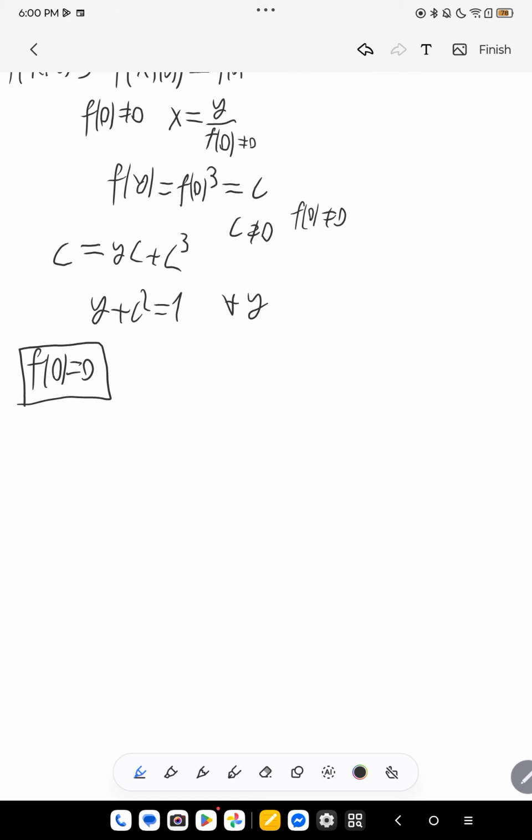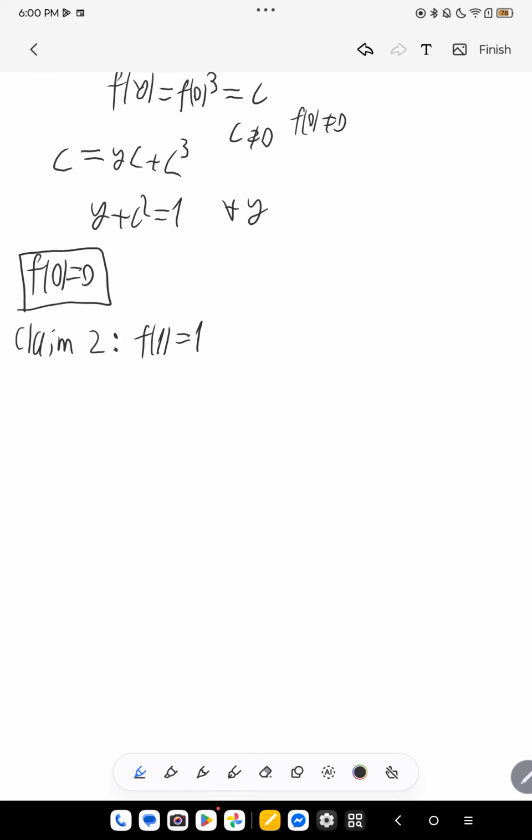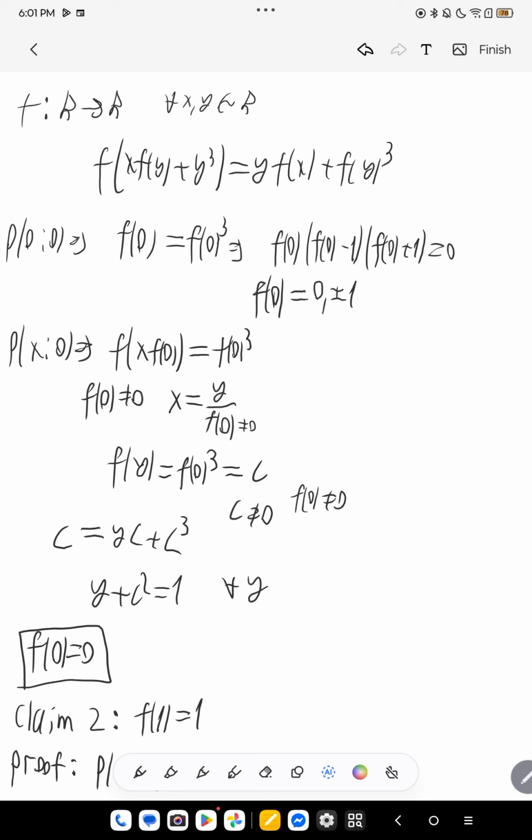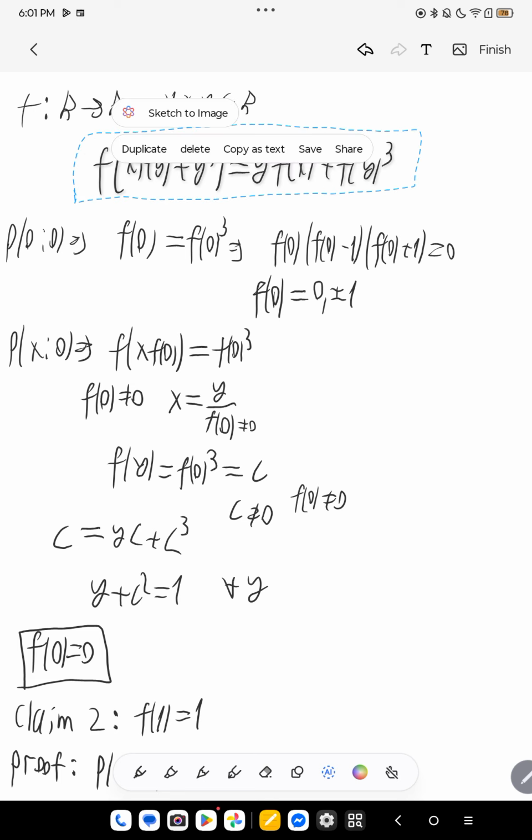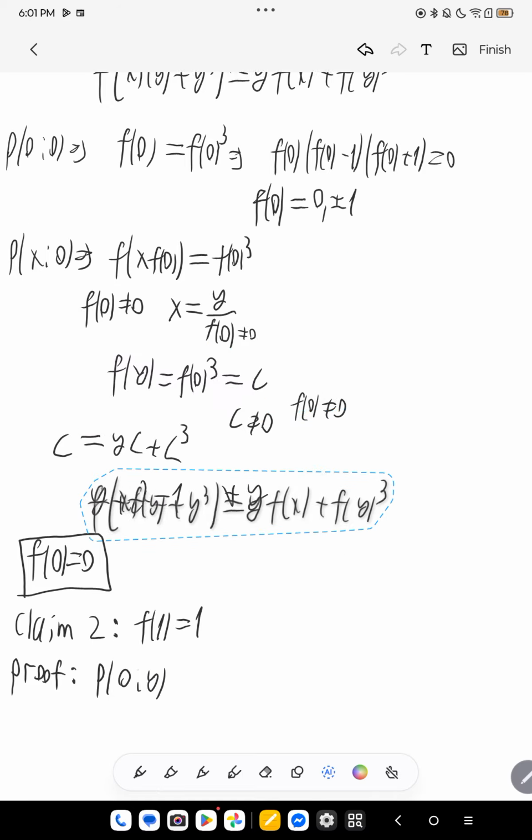Now we will prove that f(1) equals 1. Claim 2: f(1) equals 1. Actually, let's copy the original equation down here so that it would be easier to see.